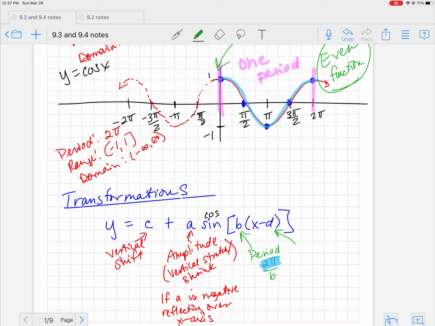So anytime we add or subtract that d in there, yes, that's going to be my phase shift. It's called a phase shift, but it's horizontal shifting, right? Just like we get a new word for amplitude for the vertical stretch and shrink, this is a phase shift. It's still just a horizontal shift, and all the same rules apply.